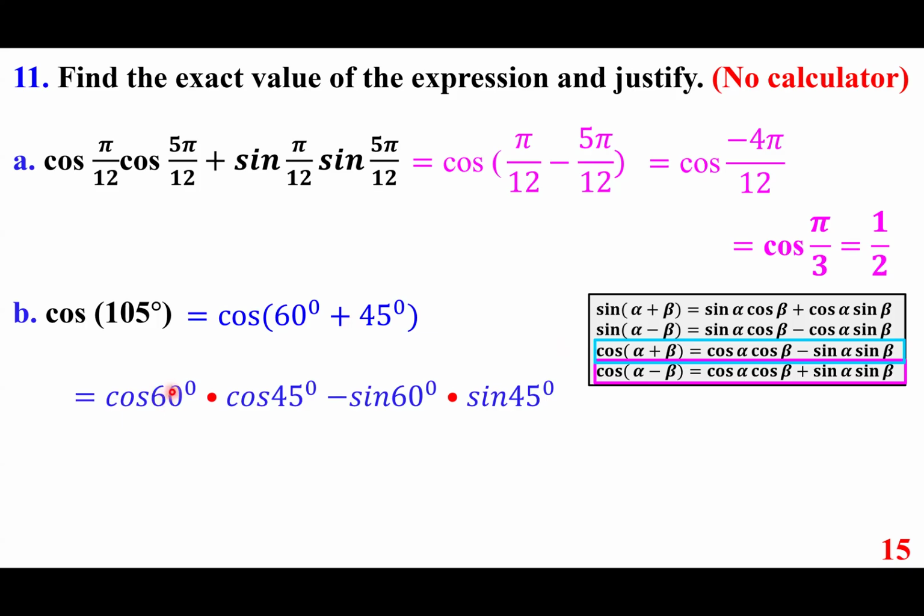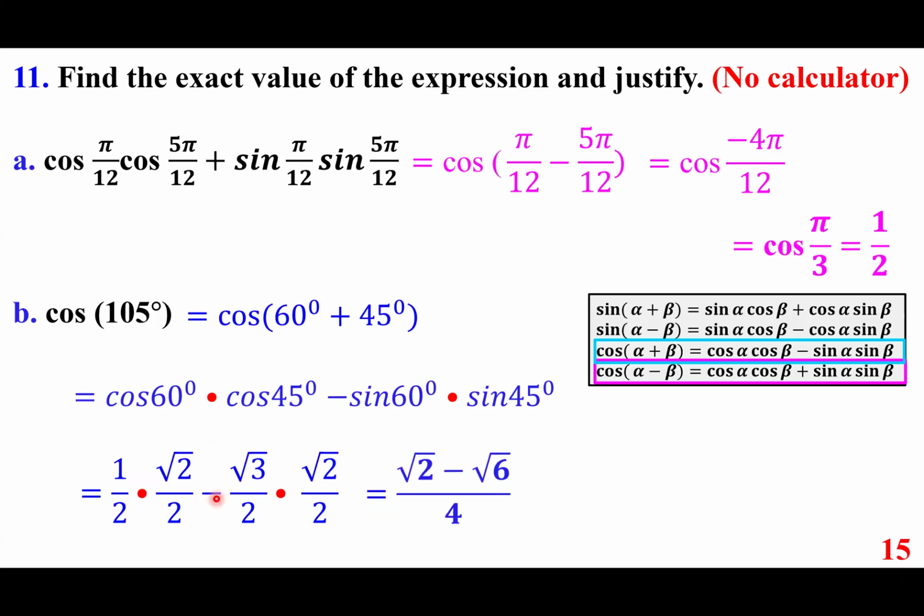This is 1/2. This is square root of 2 over 2 minus. This is square root of 3 over 2. This is square root of 2 over 2. And again, both of them have the same denominator, namely 4. This one is 1 times square root of 2 is square root of 2. This one square root of 2 times square root of 2 is square root of 6, minus. So the final answer is square root of 2 minus square root of 6 over 4. That is the final answer, everybody.